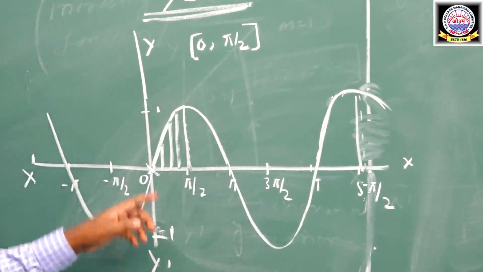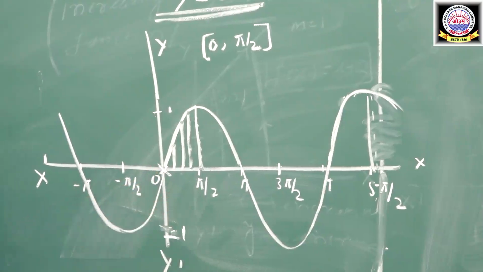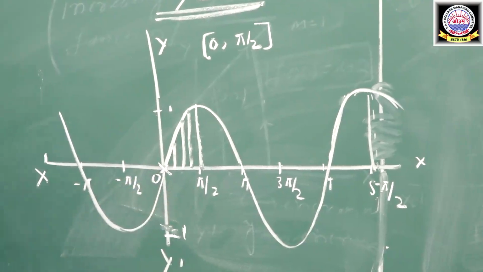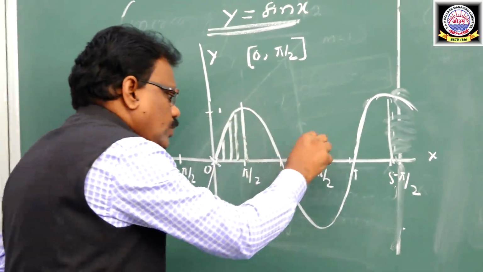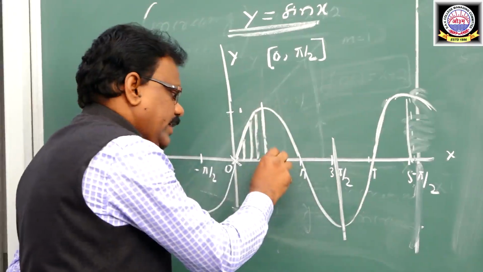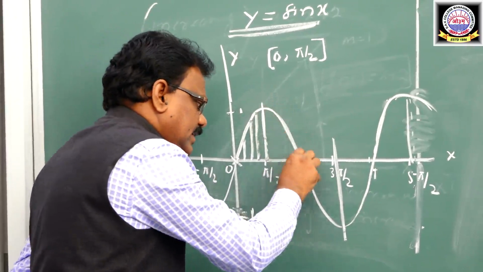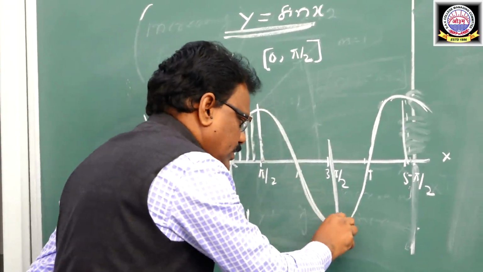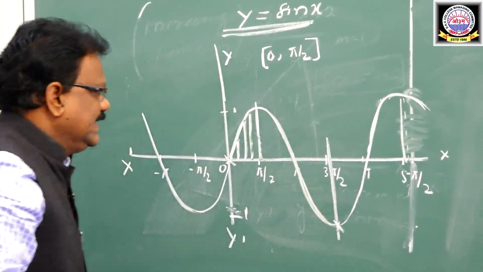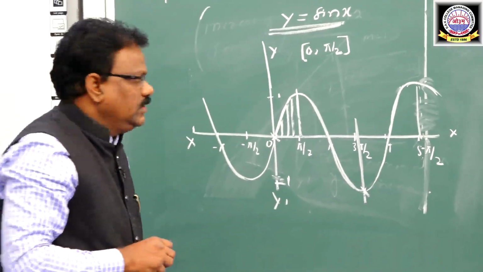That means the function is increasing from 0 to pi by 2. Similarly, pi by 2 to 3 pi by 2, see the interval. When x increases, the value of y decreases. So, the function is decreasing from pi by 2 to 3 pi by 2.